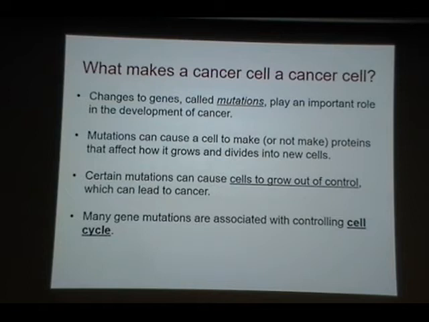Mutations can cause a cell to make proteins that affect how it grows and divides into new cells. Certain mutations can cause cells to grow out of control. This is a really bad scenario, and that can lead to cancer. Many gene mutations are associated with controlling a process called the cell cycle.